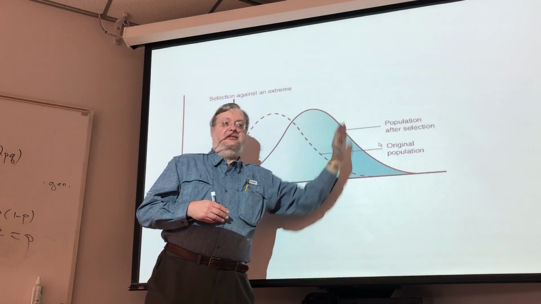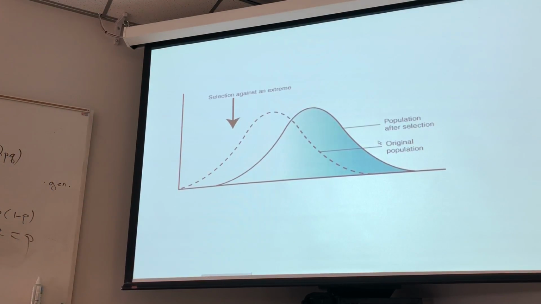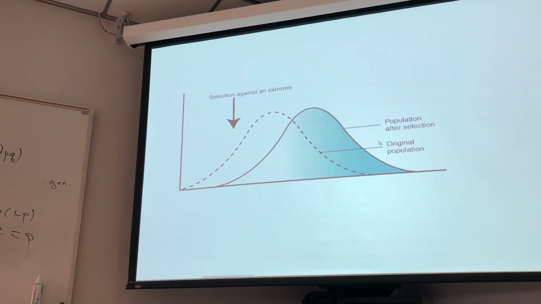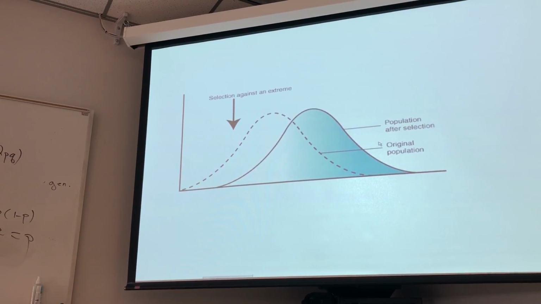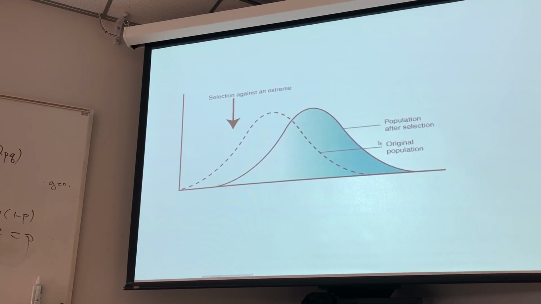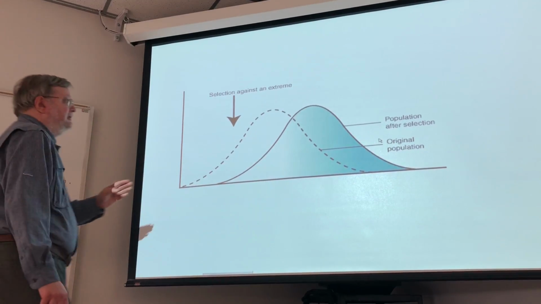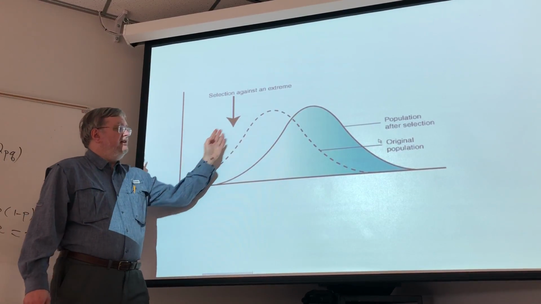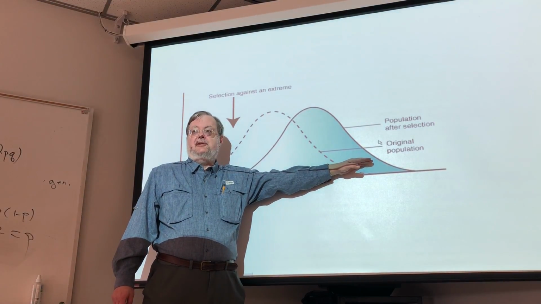It's getting longer. This is why our various examples we've cited have generally been directional. Antibiotic resistance is directional. The average value of the population is highly susceptible to the antibiotic. Then, as evolution evolves, it's moving in the direction of being less susceptible to the antibiotic. So what is really happening is the mean is shifting, and the reason is one end is being favored of the possible range of variation.